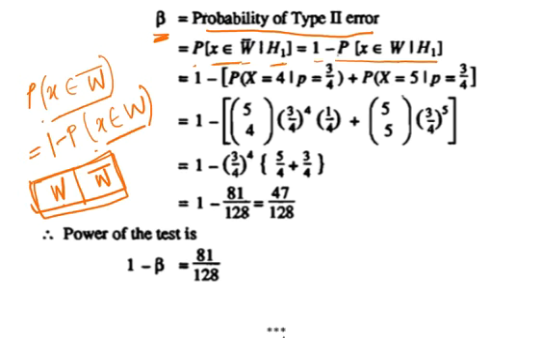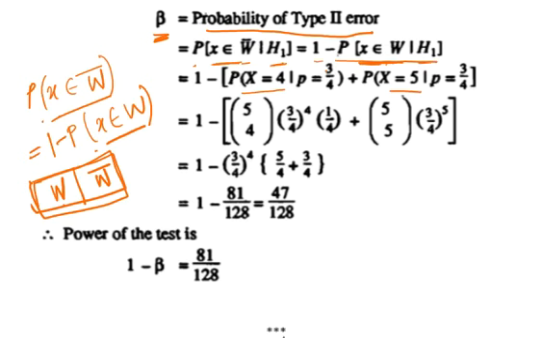In that case, when it falls in the critical region, the value of x is 4 or 5, because if the number of successes is 4 or 5, we reject the null hypothesis.